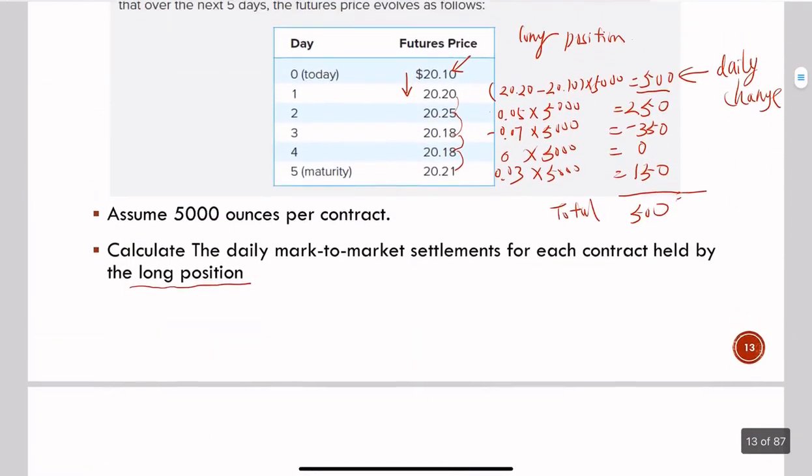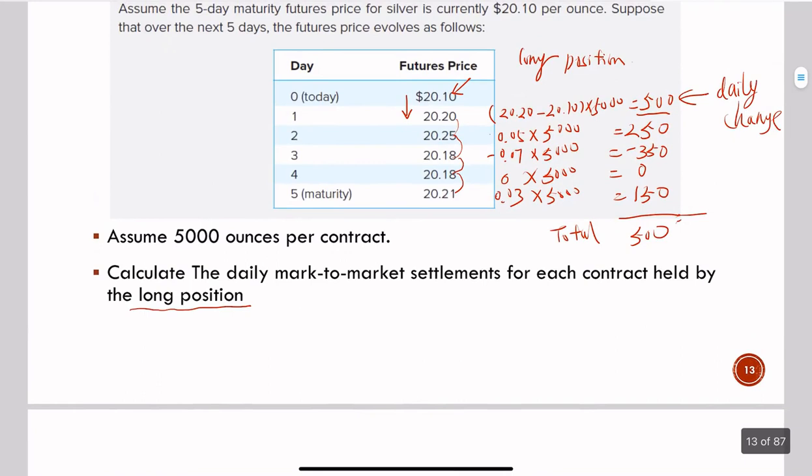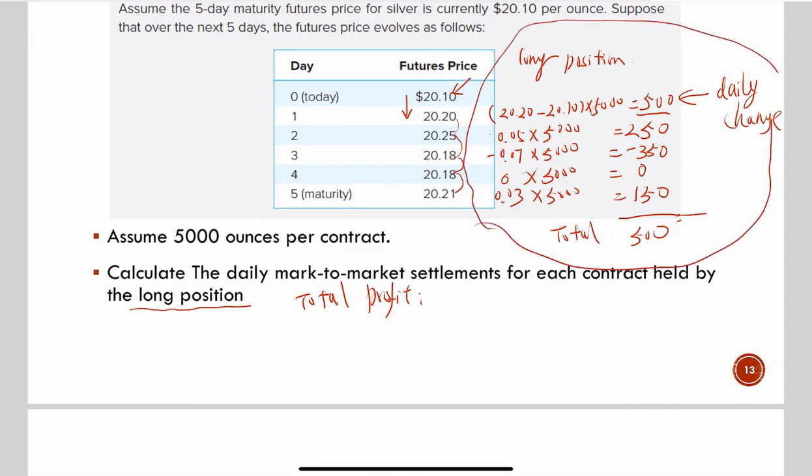Obviously, this is a pretty simple result. You can verify this by calculating your total profit. Here we were essentially using a more complicated process, right? We were thinking about marking to market, calculating each day's account balance change, and then adding up these changes to get the total profit.